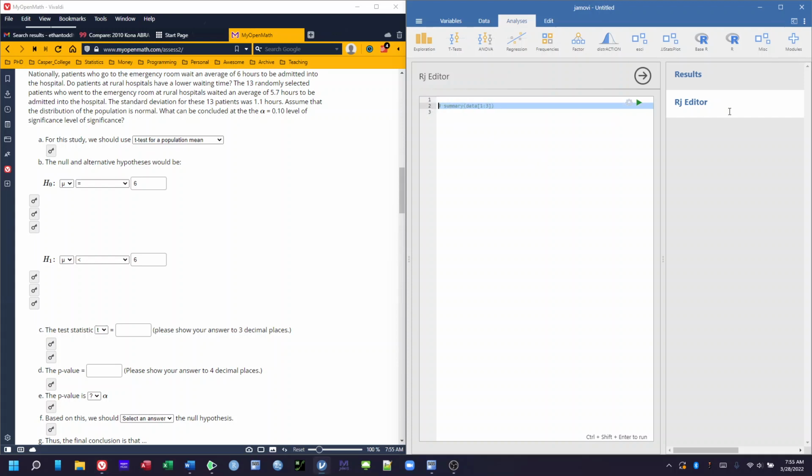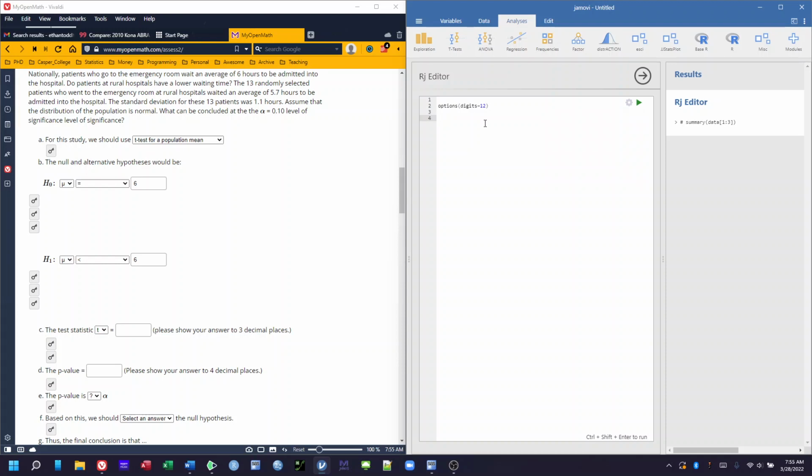Okay, so let's get our RJ editor set up real quick. First of all, I'm going to do options digits equals 12. That'll be fine. I want to change it from showing the output only to showing the code and the output. Now I need to put in some values.